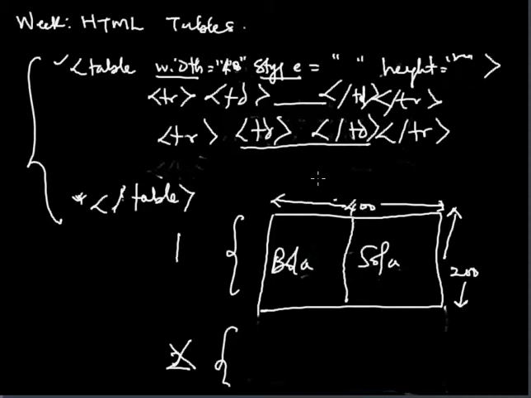Another thing you need to know is inside the table data, you can have all the tags that we've been talking about. Mostly, when people design applications like that, they put all the applications in a table so that it can be well aligned.